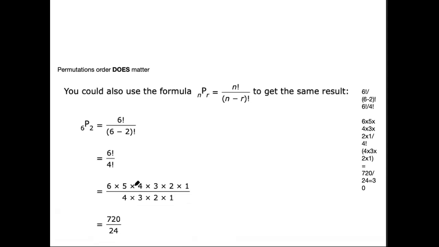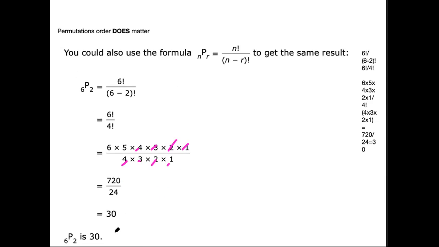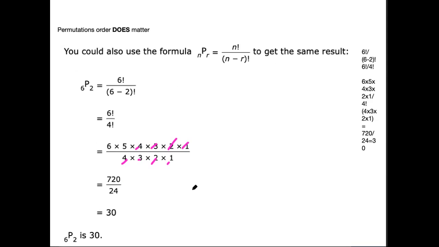And then that's going to bring you down to this. Nice thing here visually, you can just see them cross cancel. So you can almost skip this step right here. And then 6 times 5 would be 30. So your answer is going to be 30 on that one.